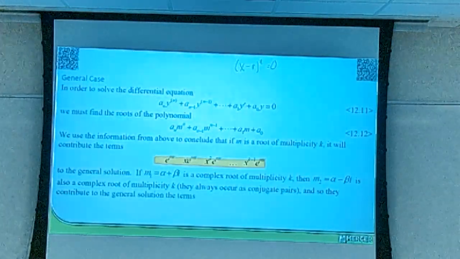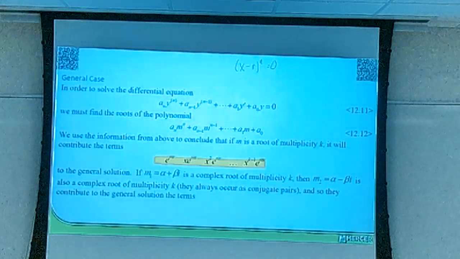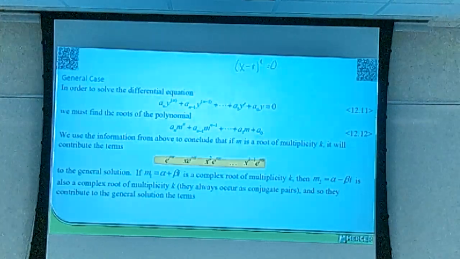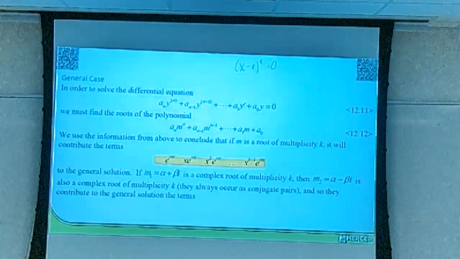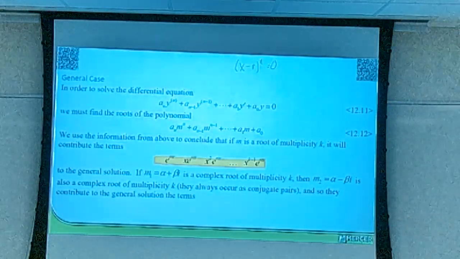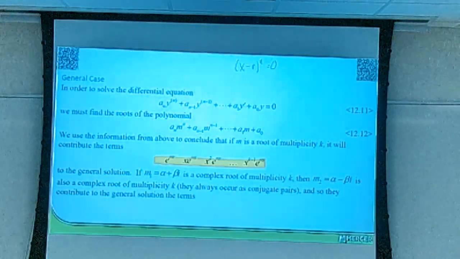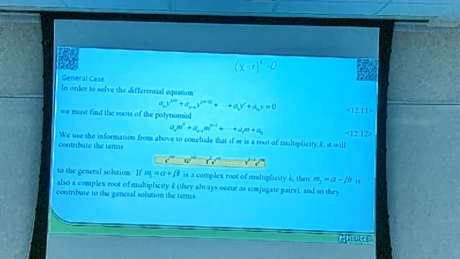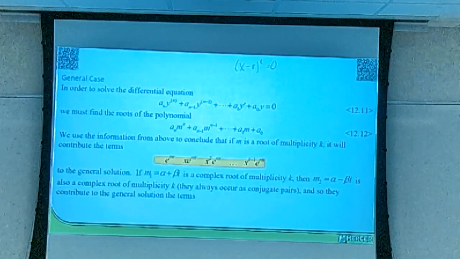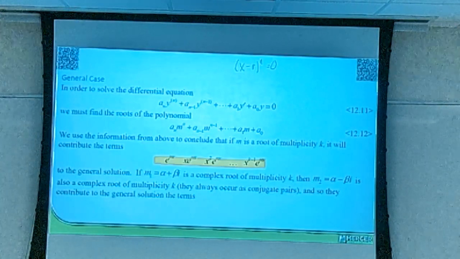The auxiliary equation for a linear equation, isn't that an nth degree polynomial? Which means accounting for multiplicities it will have exactly n roots. That means your fundamental solution set will have exactly n terms in it.